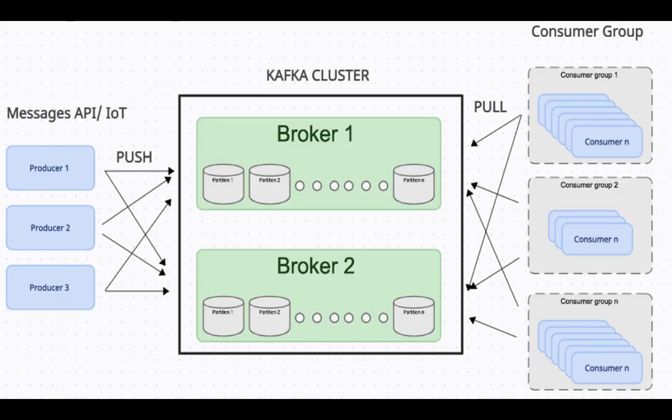And then looking at the diagram or the Kafka architecture. So from the far left, we have messages, API or IoT. So this could be a microservice that is triggered, or an IoT device that received an event in a vehicle sensor or a car sensor. It will have that crash event that happens.